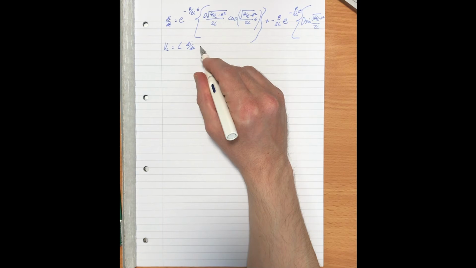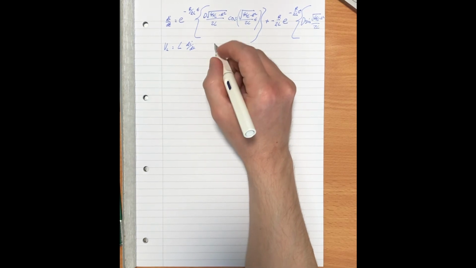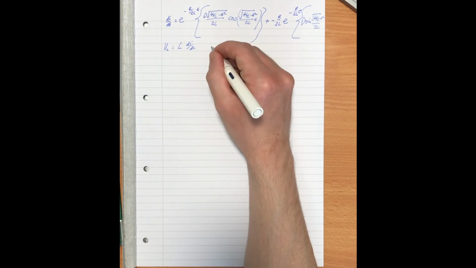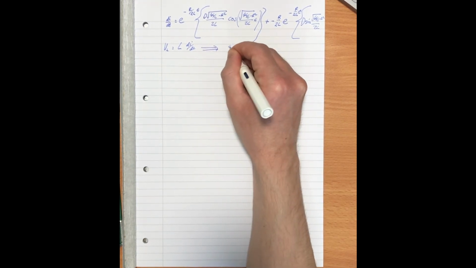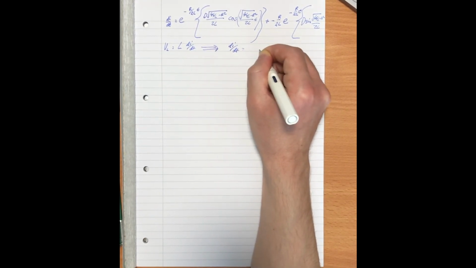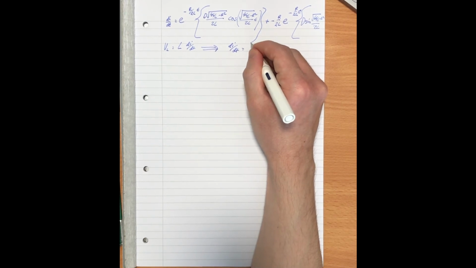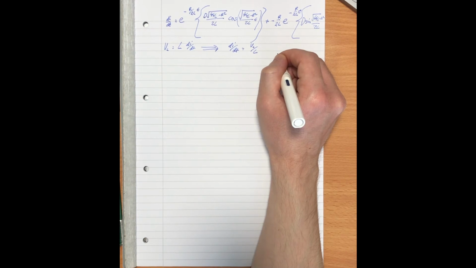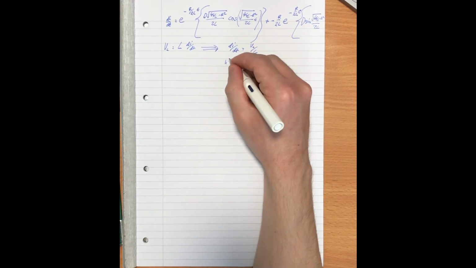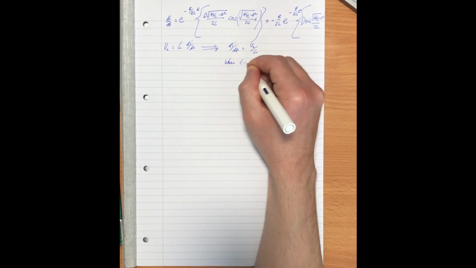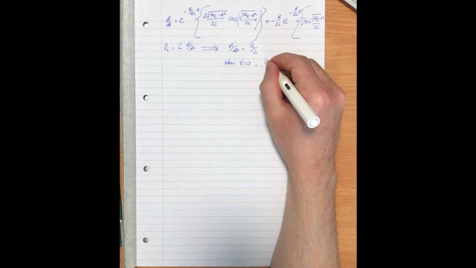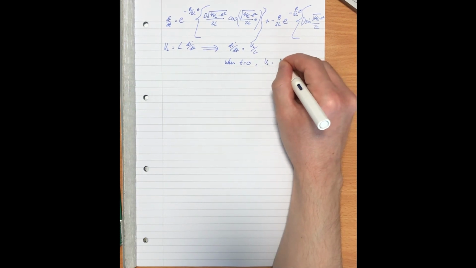So we can say that this implies that di by dt equals VL on L, and we know when t equals 0, VL equals V naught.